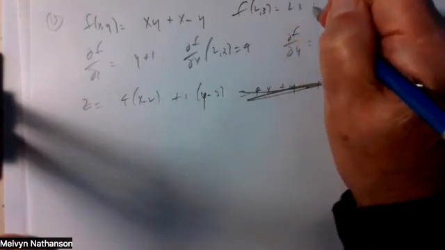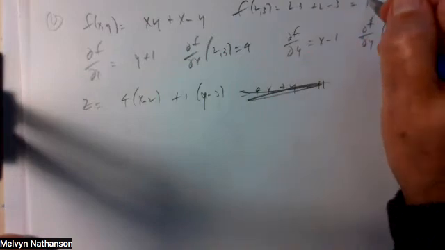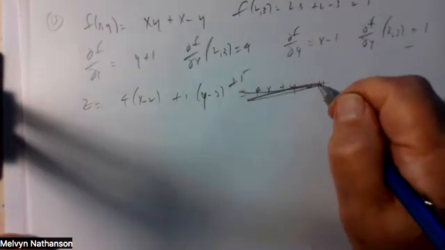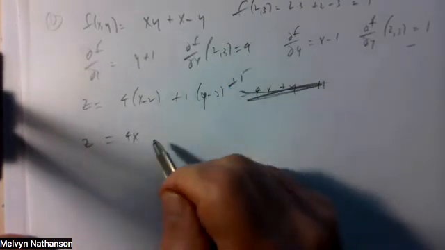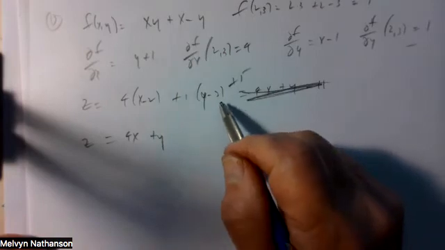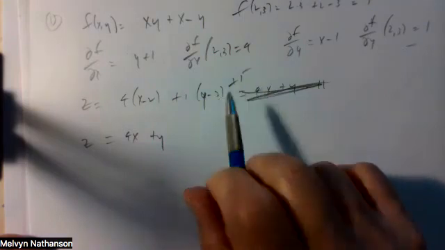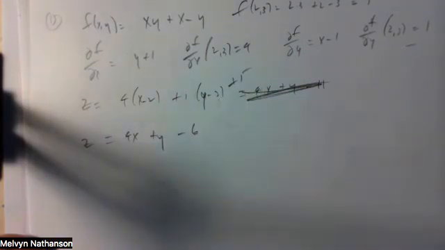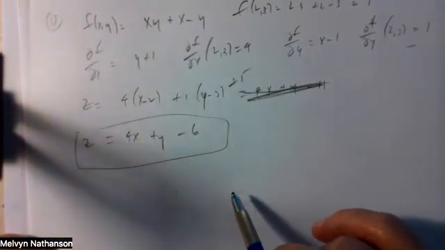What is f of (2, 3)? It's 2 times 3 plus 2 minus 3, which is 6 plus 2 is 8, minus 3 is 5. So z is 4x plus y minus 8 minus 3 plus 5, which is 4x plus y minus 6. So that's the tangent plane.